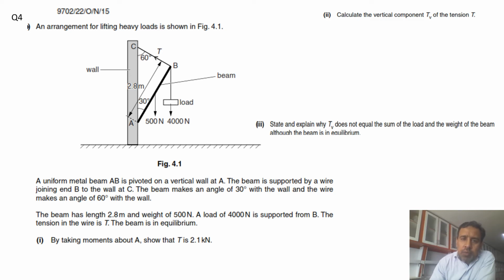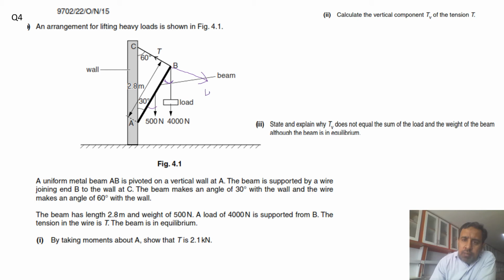There's a tension T over there. First of all, you have to get this T. So this T is perpendicular with this distance, that is 2.8, but these two forces are not perpendicular. So we have to divide these forces into components. For example, if this angle is 30, like this one, and this angle is 30, so if we divide these forces into components, this is the perpendicular component.